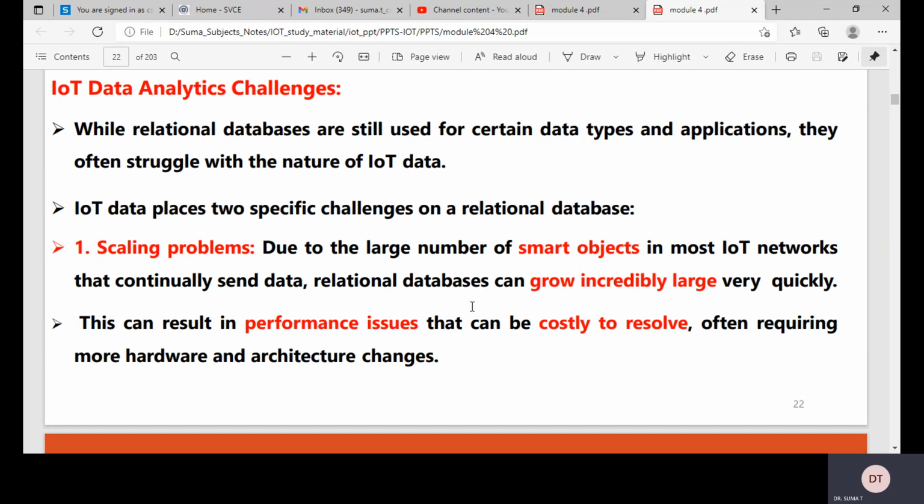This can result in performance issues that can be costly to resolve, often requiring more hardware and architecture changes.